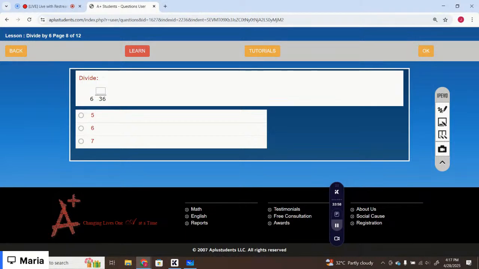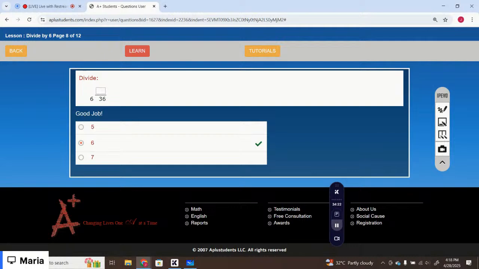Which is the correct option? Six times 6 is 36. The correct option is 6.